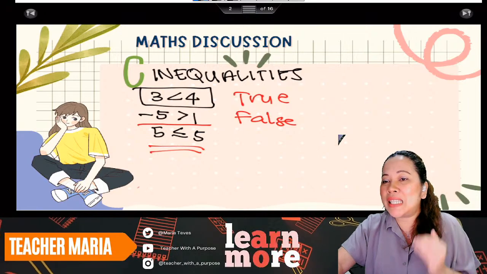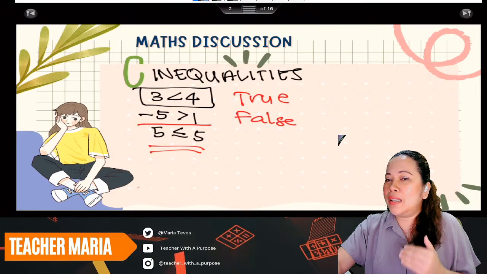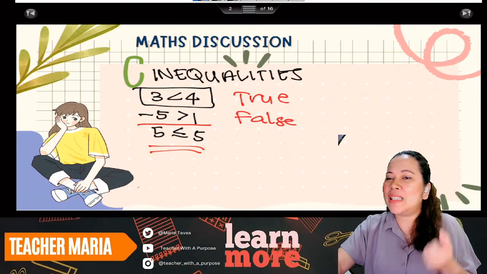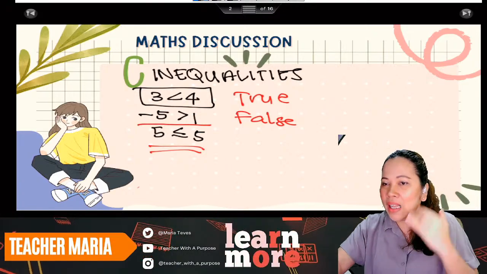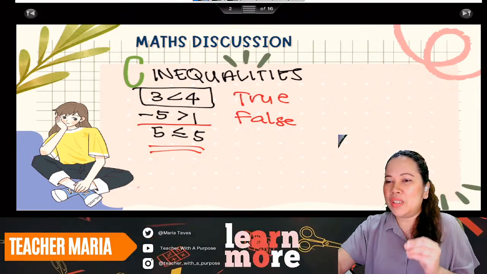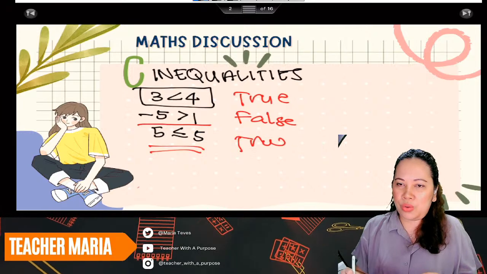So 5 is less than or equal to 5. This is true. Why is it true? Because of the equal sign. It says it is either less than or equal to 5, so since it is equal to 5, this will be true.